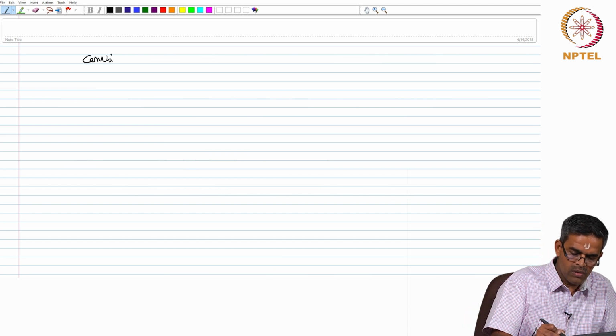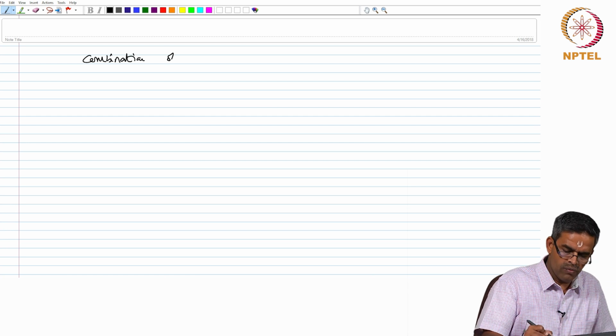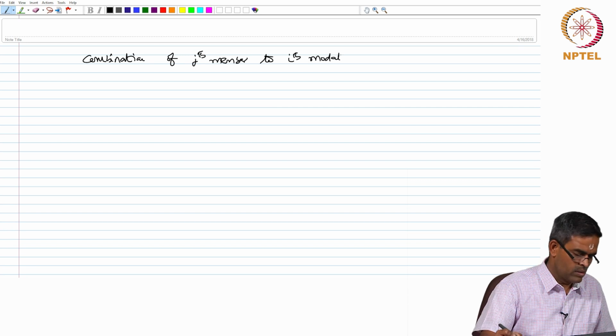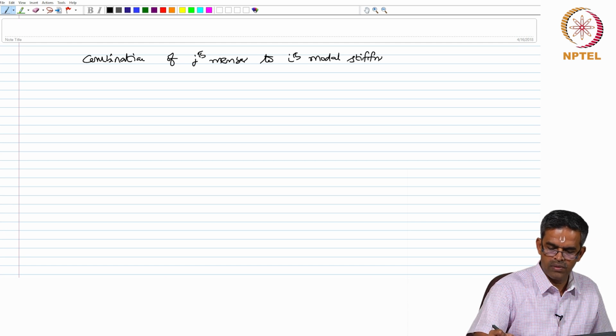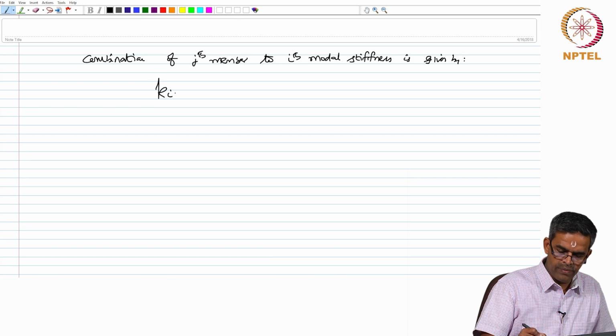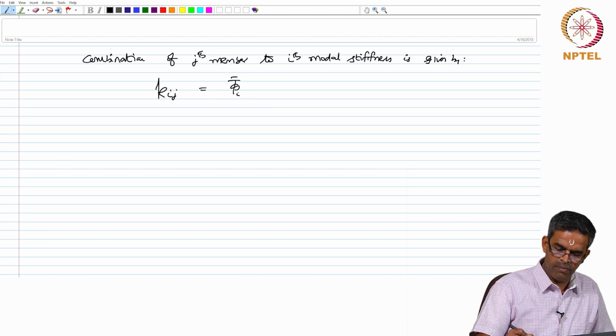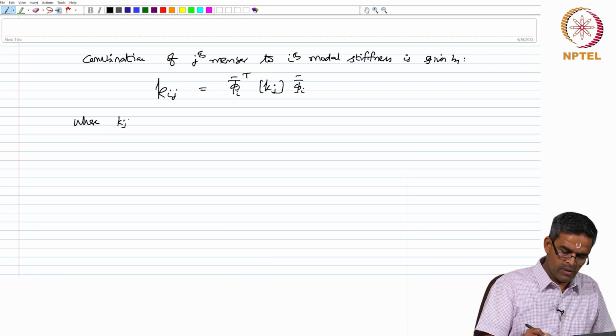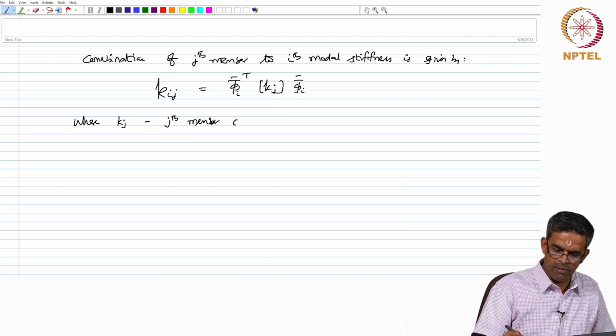Now, combination of jth member to ith modal stiffness is given by K_ij is phi bar_i transpose K_j phi_i bar, where K_j is the jth member stiffness, jth member contribution to the total K.